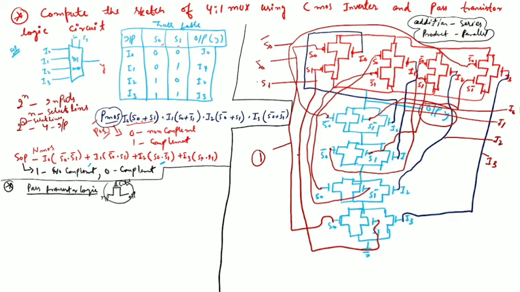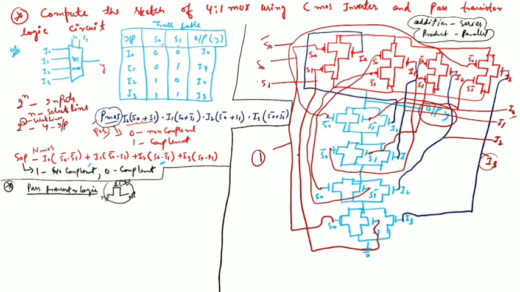And when we give logic 1 1 at both S0 and S1, then only the NMOS, the pull down network circuit, will be on, and in the output we get this I3. So when S0 and S1 are 0 0, we get in the output I0.